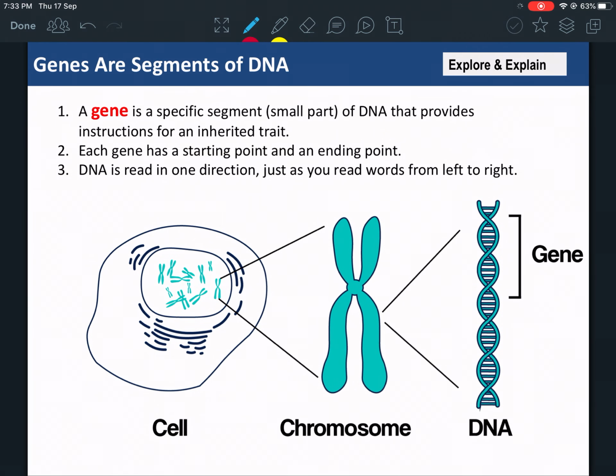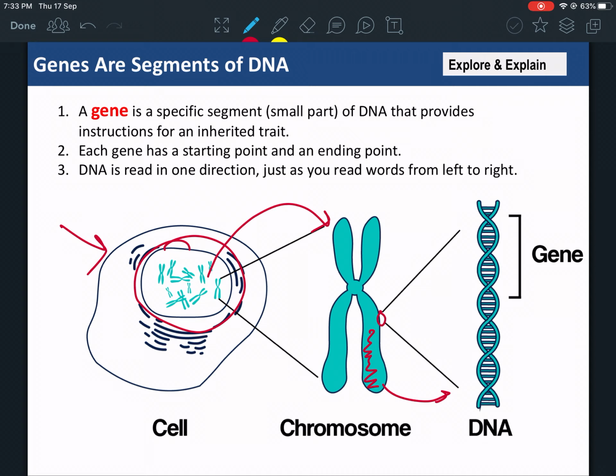Another thing we need to learn about today is the gene. A gene is a specific segment or a small part of the DNA that provides instructions for inherited traits. But again, we said we have a cell. Inside the cell, we have a nucleus. Inside the nucleus, we have chromosomes. The chromosome is made up of DNA, coiled, and this is a segment.